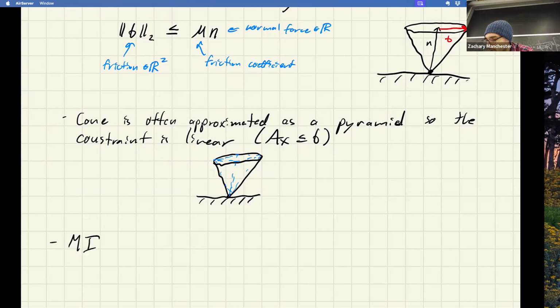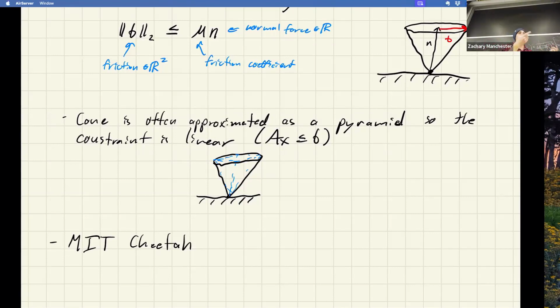Is friction not dependent on the size of the foot? Turns out not really, no. This is the Coulomb friction. It is in real life, but the Coulomb friction model turns out to be independent of the surface area. This is a first order approximation of the real friction. Real friction is way nastier and more complicated, right? The first thing that shows up in real life is a difference between static friction and sliding friction, which isn't captured here.